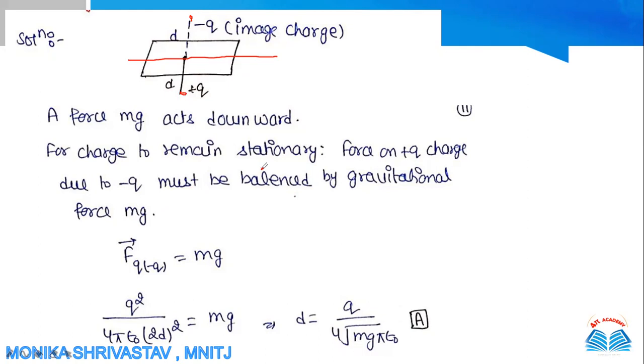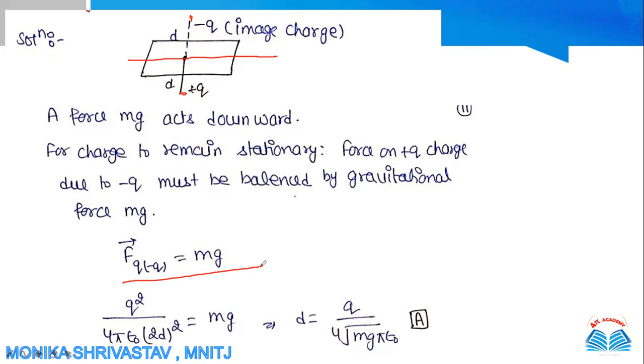So for the charge to remain stationary, the force on plus q charge due to minus q must be balanced by the gravitational force. How can the charge be stationary? When some other force is balancing this force. So the electrostatic force will be equal to the gravitational force. Obviously, the charge is below, so some gravitational force we can also apply downward.